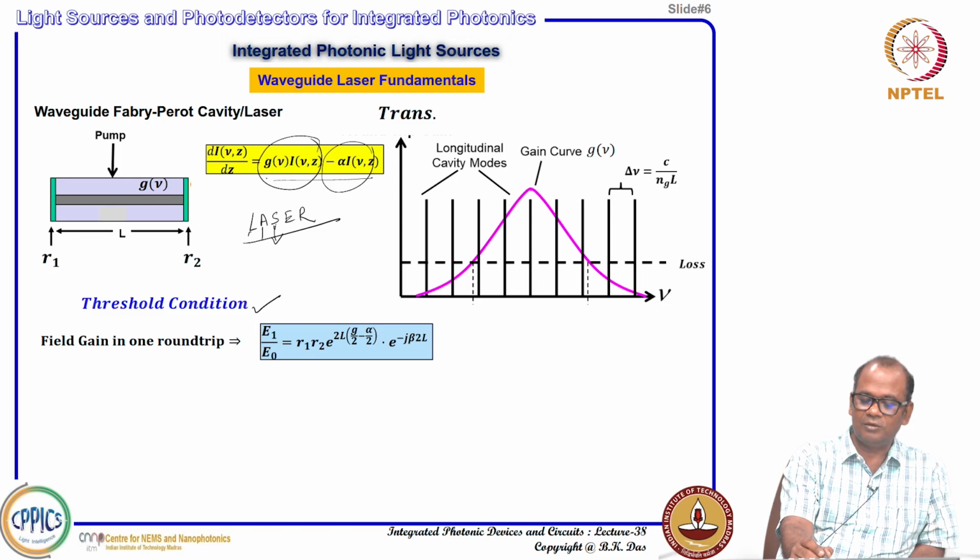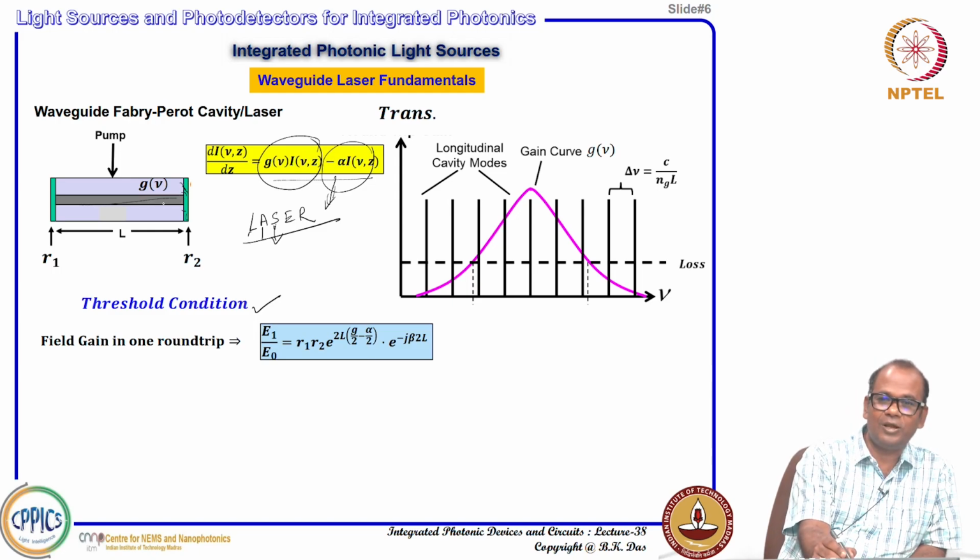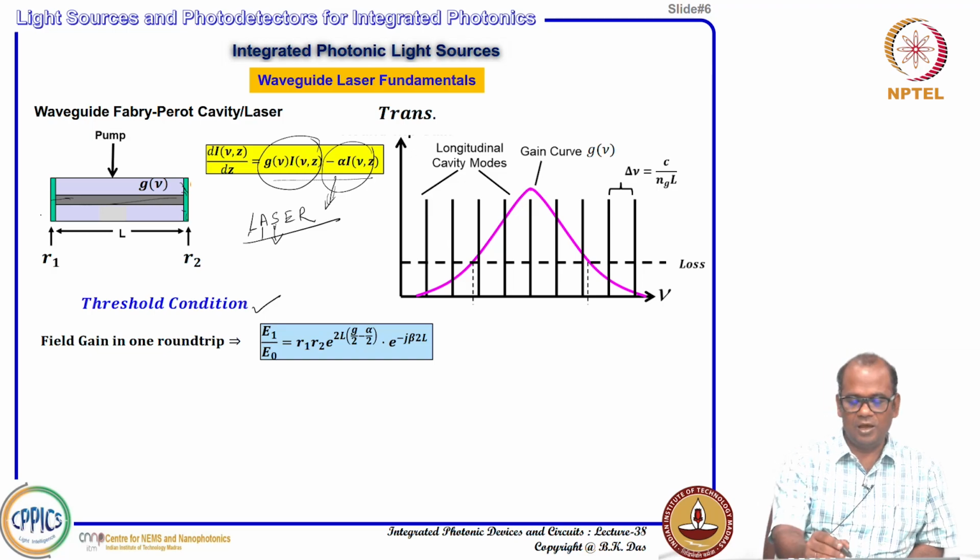G has to overcome the losses. Here we are considering the propagation of the electromagnetic wave in a gain medium, but whenever you have a mirror, after traveling a length L it gives some kind of reflection into the cavity, that means giving some kind of positive feedback, and coming back again this mirror also gives some kind of positive feedback.